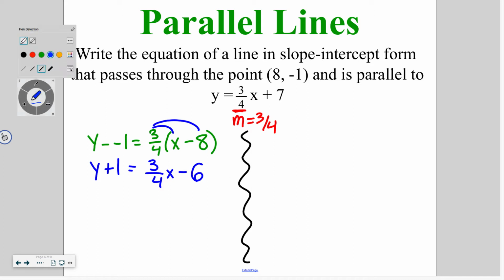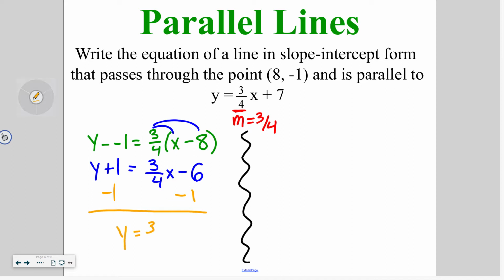Then I need to finish solving for y by subtracting 1 from both sides of the equation, giving me an answer of y is equal to 3/4 x minus 7. So that is our parallel line.